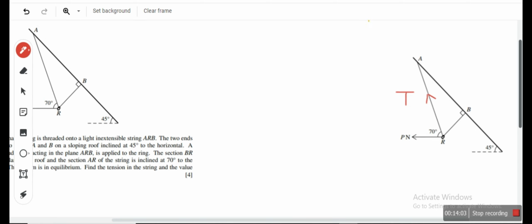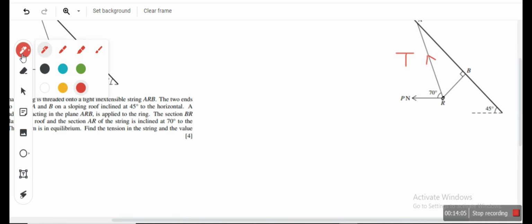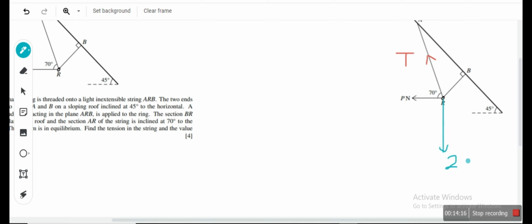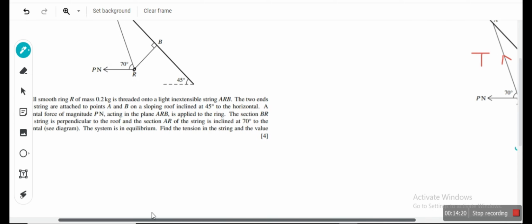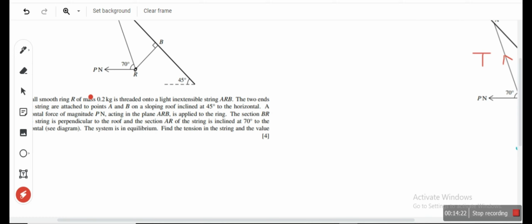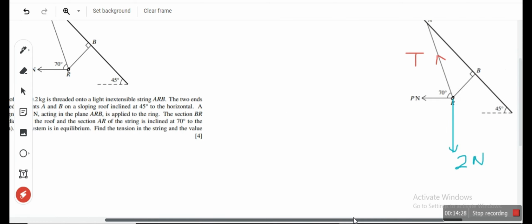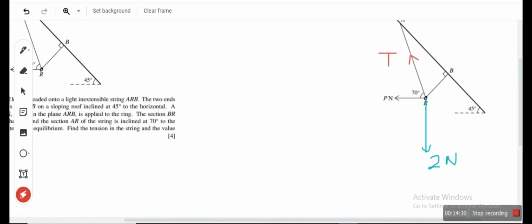And the weight, of course, we know acts vertically downwards, which will be 2 Newton. If all are drawn properly, we can get what we're looking for. So the weight is 2 Newton. We get that by multiplying 0.2 by 10, because weight is equal to mass times g, which is approximately 10.